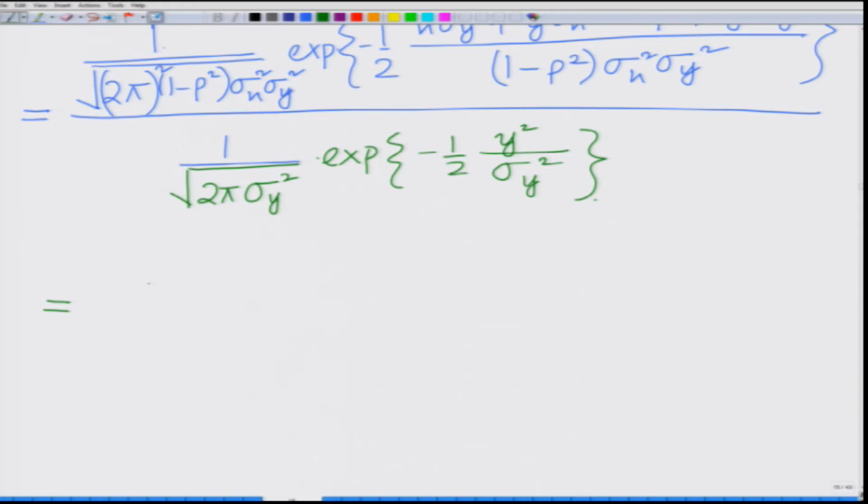First, let us simplify the multiplying factor. This is the square root of 2 pi (1 minus rho square) sigma h square sigma y square divided by sigma y square.